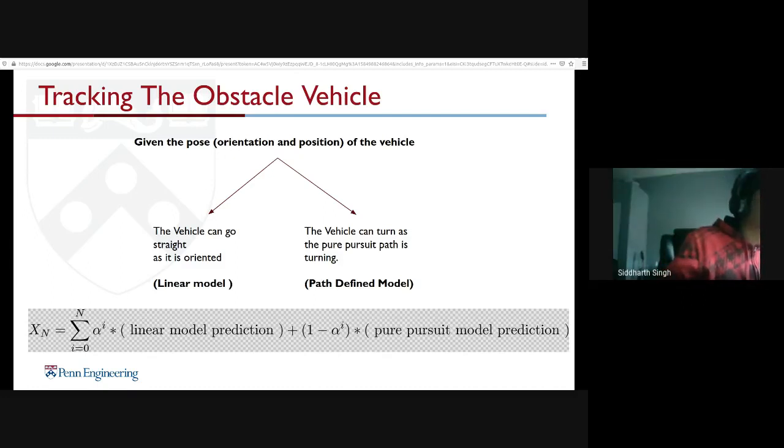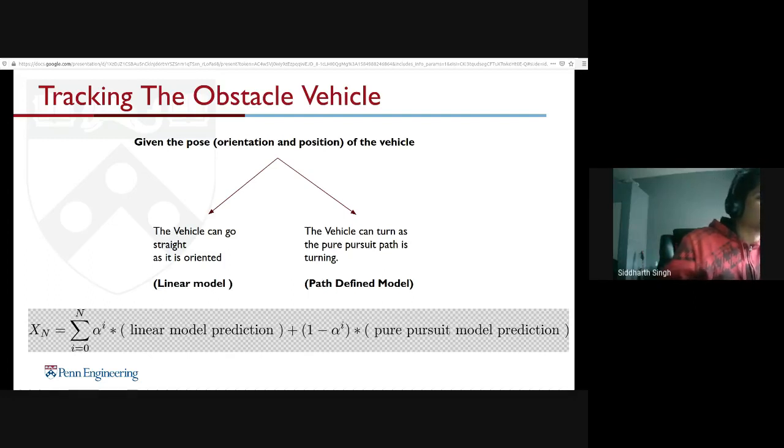Does this make sense? So if alpha is a value 0.5, right? And as we go ahead with time, with i increasing from 0 to n, alpha will keep decreasing because it's in decimal, right?